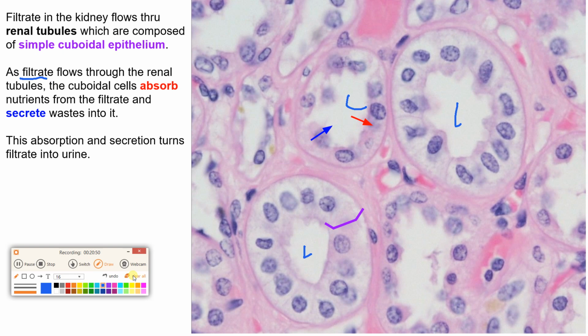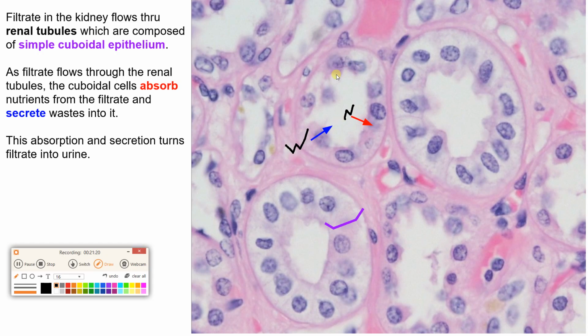What the filtrate is going to do, if there are nutrients in the filtrate, the nutrients are going to follow the path of the red arrow here, and they're going to be absorbed into the cells, so you don't end up peeing them away. Any waste products are going to be added to the filtrate, so you do end up urinating those away.